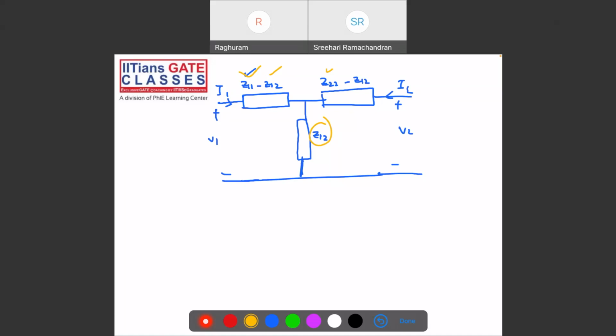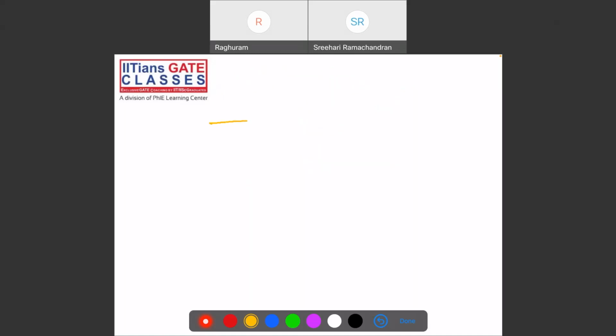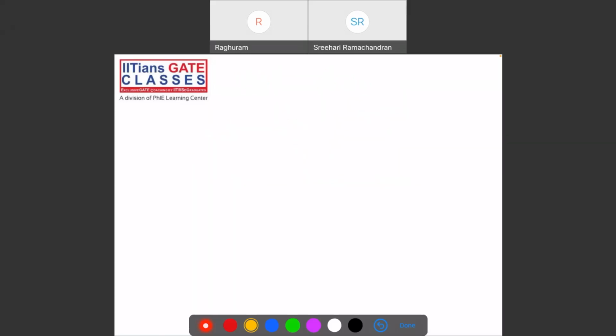And there is a general equivalent circuit. This is how you'll draw it. This is V1, this is V2.